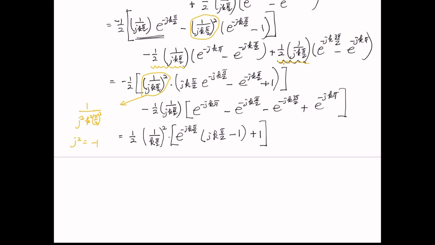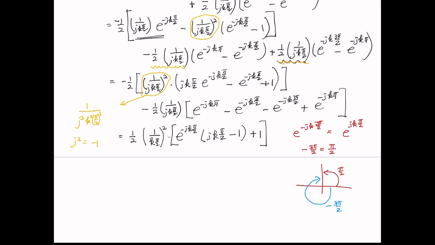Second term, if we look at this e to the negative jk 3π/2 is actually the same as e to the jkπ/2, because negative 3π/2 is actually the same as π/2, right? So π/2 is here, and then this is negative 3π/2.